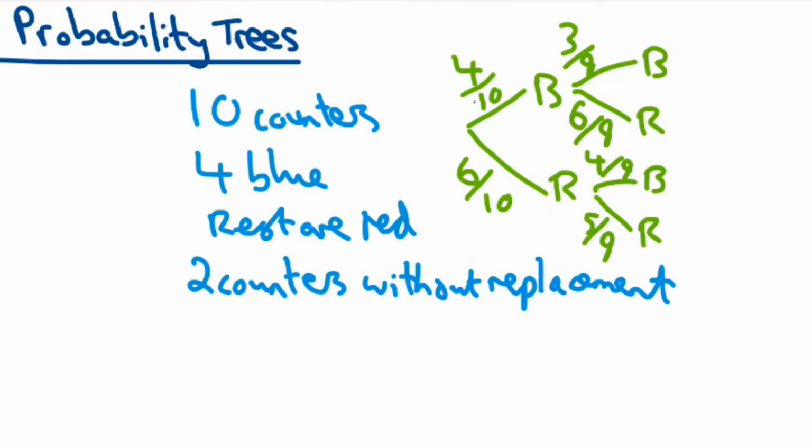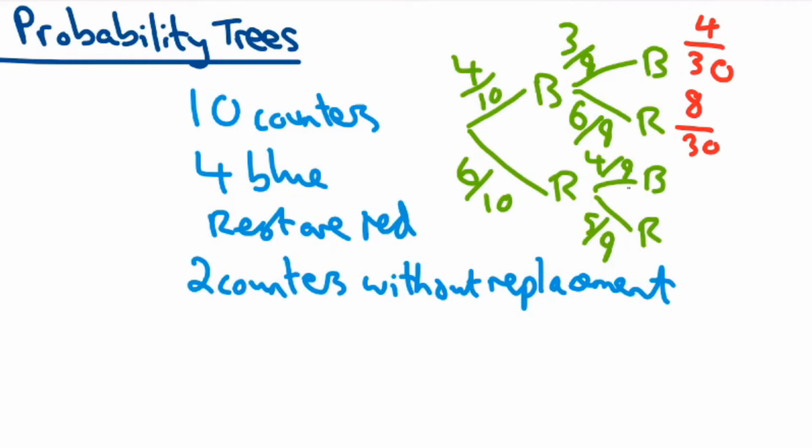To then just go along these, because we want at least 1 blue. You've got your 4/10 times your 3 over 9, which is going to be 4 out of 30. And then here with your 4/10 times your 6 over 9 to get a blue and a red, because that's still at least 1 blue, that is going to be 8 out of 30.